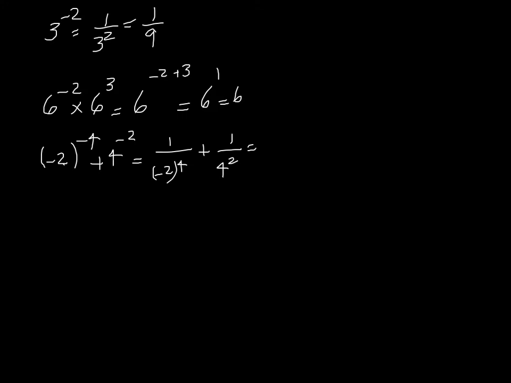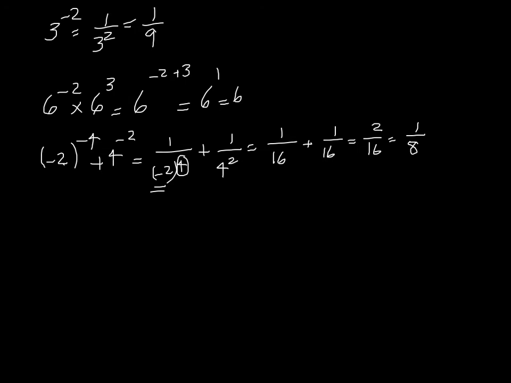Now, a negative number with an even exponent, 4 is even here, is going to give you a positive number. So negative 2 exponent 4 is going to give you 16, and 4 exponent 2 gives you also 16. Since the denominators are the same, I'm going to add the numerators, so it's going to be 1 plus 1 is 2 over 16, which is 1 over 8.